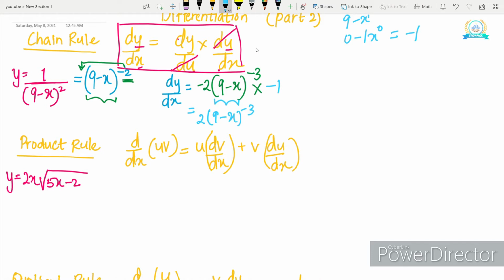The second method, which follows the chain rule definition, is this, which I will explain now. You have dy over du and du over dx. You have to find these two separately, then substitute them into this equation and find dy over dx.